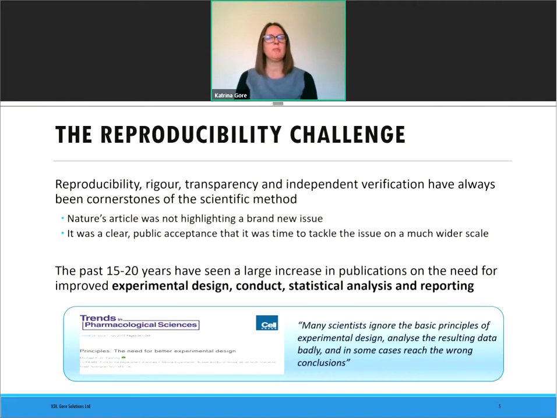Many scientists ignore the basic principles of experimental design, analyze the resulting data badly, and in some cases reach the wrong conclusion. That is my day job, working with scientists to improve their basic experimental design, teaching them the principles, helping them analyze their data, and talking about interpretation of the data.